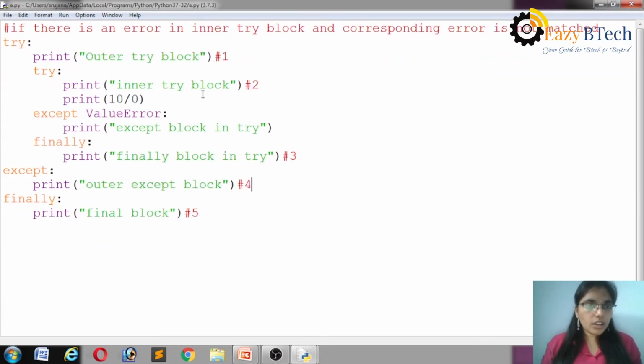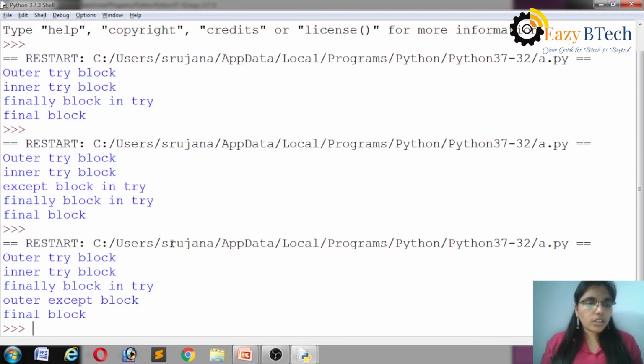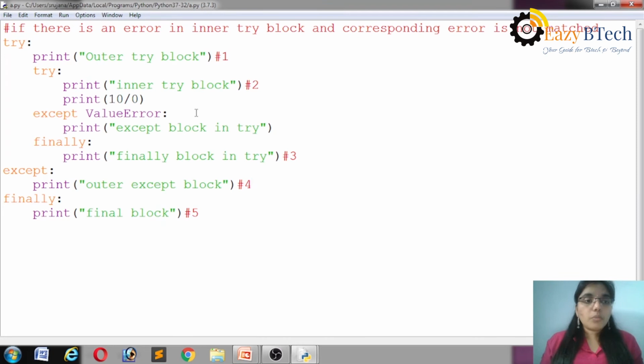Let's see here. First of all, the outer try block is executed. The inner try block is executed, but whenever an exception comes in the inner try block and the corresponding value error is not matched, it is considered an outer try block exception.